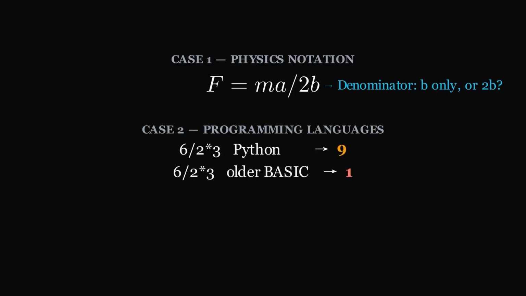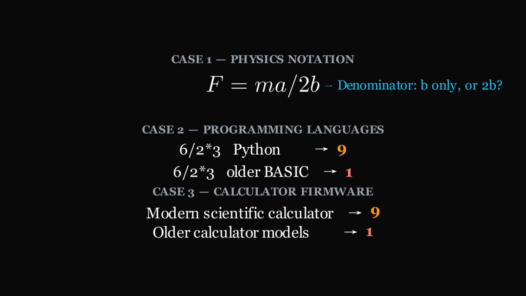Same goes for code. Type the identical characters into Python. You get 9. Type them into certain older basic interpreters. You get 1. Same keystrokes, different grammars. Neither language is buggy. They just made different choices about which rule to follow. And those choices were never stamped on the expression itself.